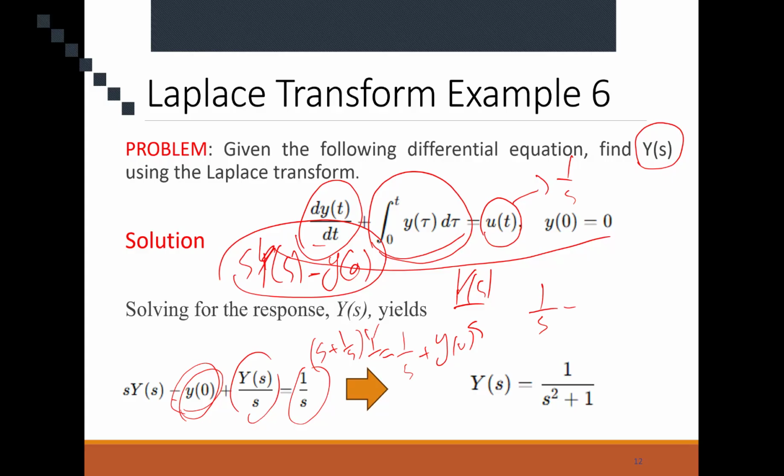So now this is going to be s squared plus 1 over s. We are going to multiply by this one. This is going to be 1. If you move this one, this is going to be s omega 0, and this is going to be 1 plus s y of 0 over s squared plus 1.